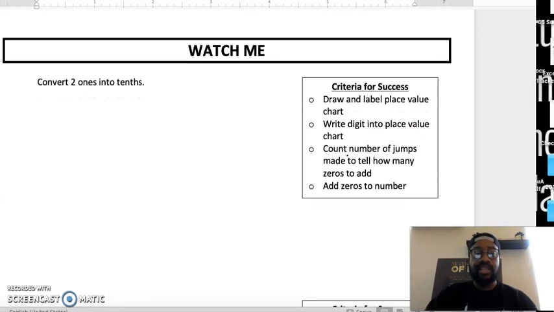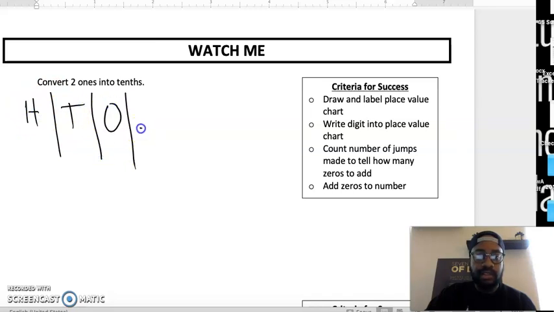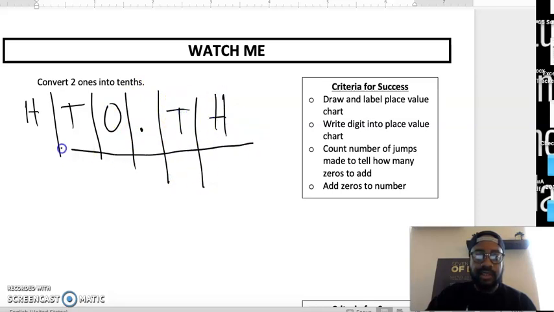Question number 1 says, convert 2 ones into tenths. Looking at my criteria for success, the first thing I need to do is draw and label my place value chart. So I'm going to start with hundreds, tens, ones, decimal point, tenths, hundredths. So that's labeled.